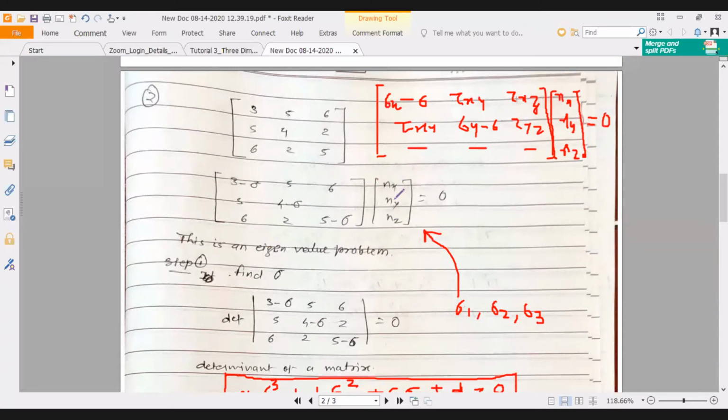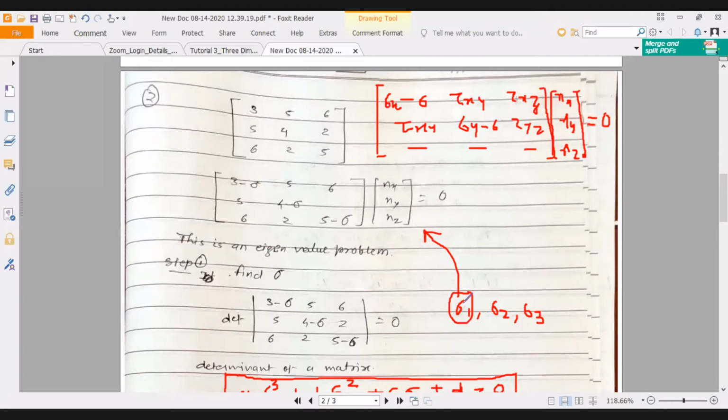Those nx, ny, and nz are the direction quotients of the normal to the plane where sigma 1 acts.